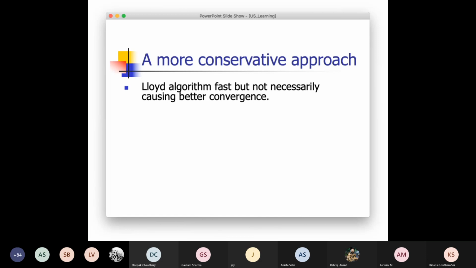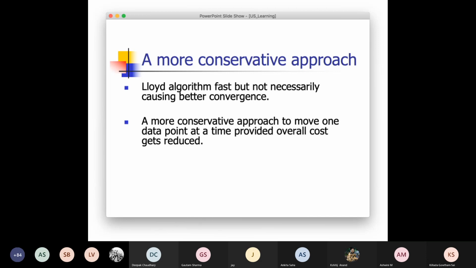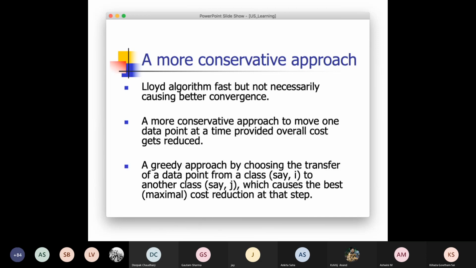You choose the best data point, which gives the maximum minimization of the sum of squared error, by changing its cluster. For a data point moving from the ith cluster to the jth cluster, you find the change in the sum of squared error and choose the transfer with the maximum reduction. You do that change, recompute, and repeat. It is computationally intensive, but it causes better convergence. That is why.